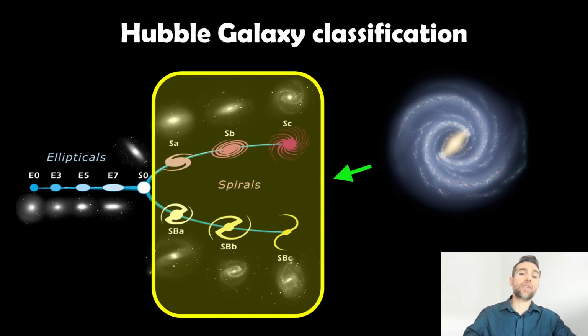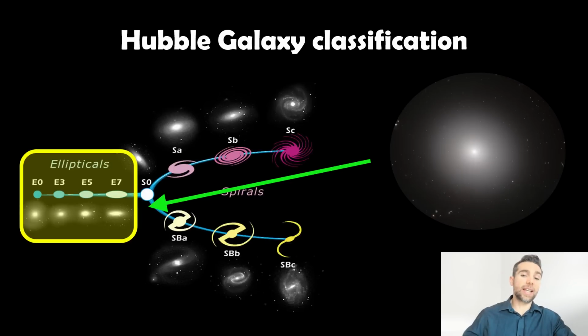They have features, they're not completely smooth, so they have these spiral arms and they would essentially on this diagram evolve from right to left. But we're not interested in spiral galaxies for this video. We're interested in the elliptical galaxies.